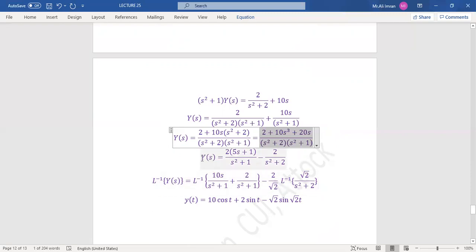If we simplify again further, if we multiply 2 by 5s and plus 1, we have 10s divided by s square plus 1 and 2 divided by s square plus 1.